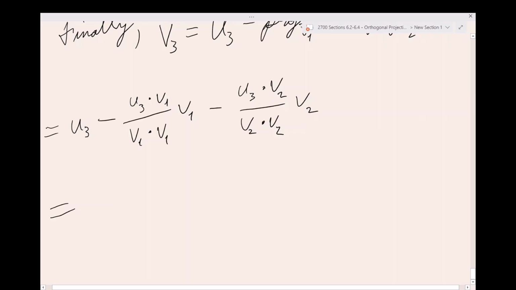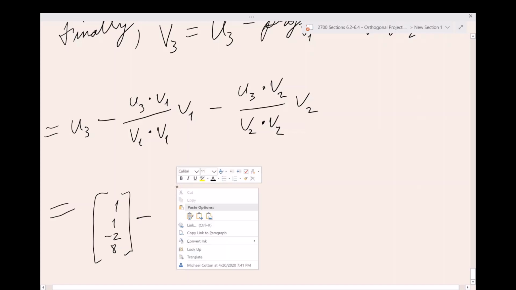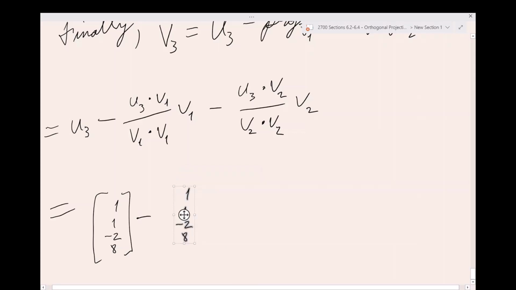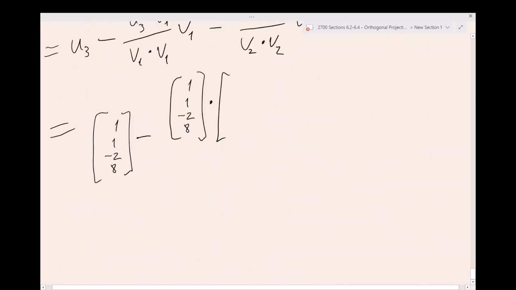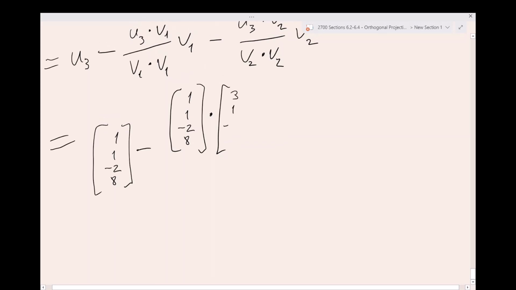Here's my u3, and now we want to do minus u3 dot v1, which we had written up here, 3, 1, negative 1, 3, over v1 dot v1, 3, 1, negative 1, 3, dot 3, 1, negative 1, 3.